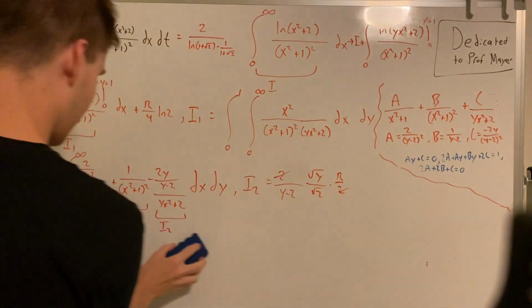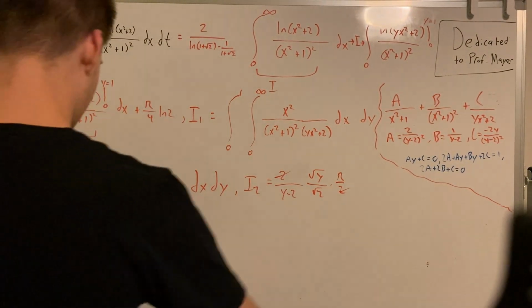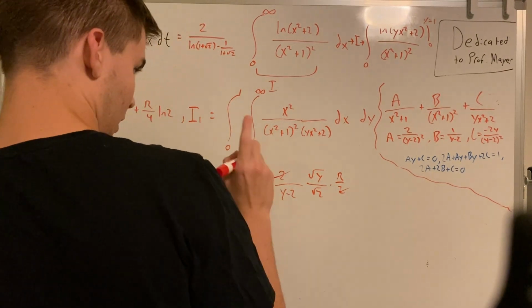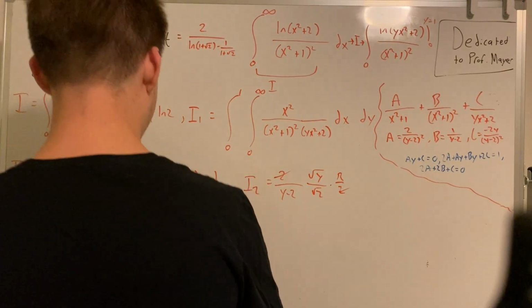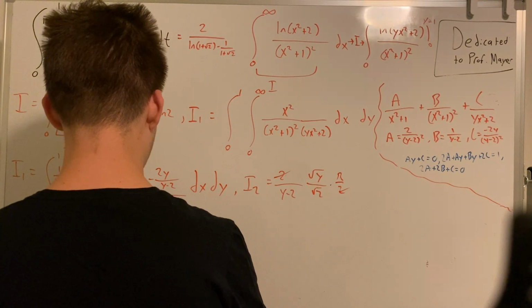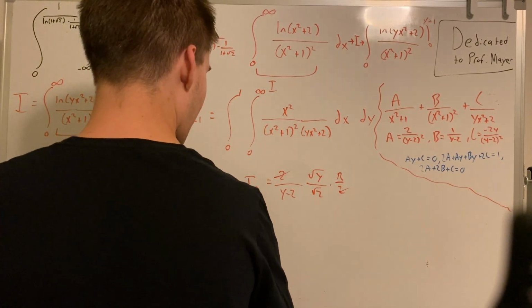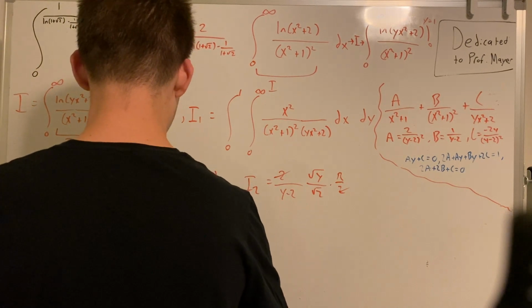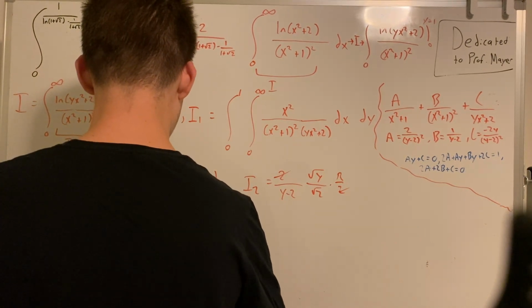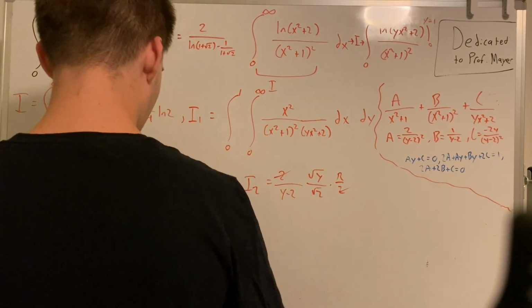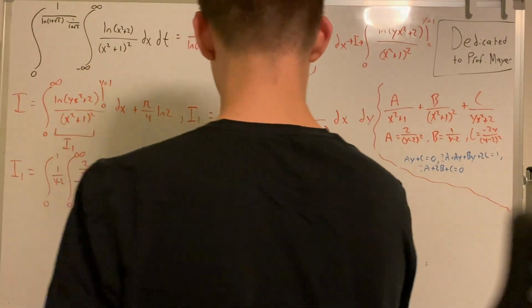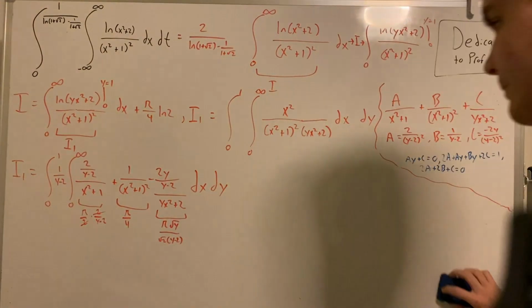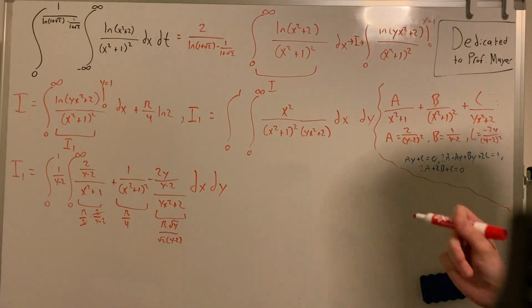And then we can rewrite this as pi root y over root 2 times y minus 2. Great. So that's gone. And now we can just simplify.